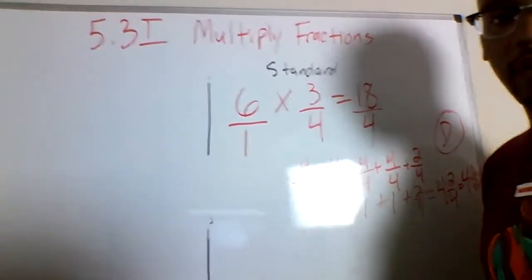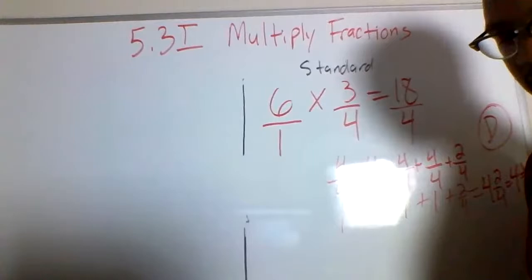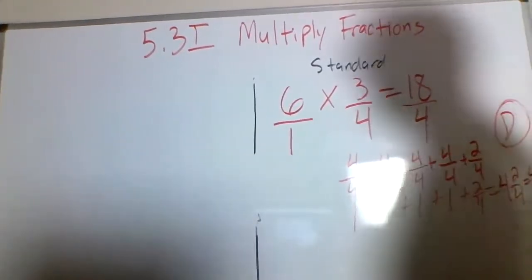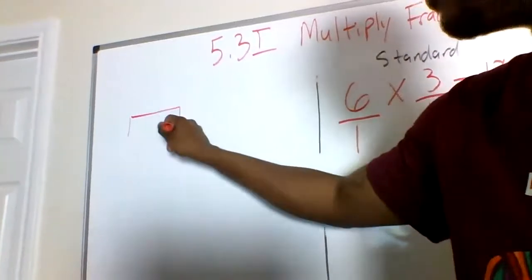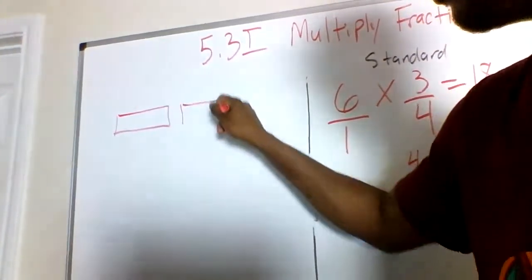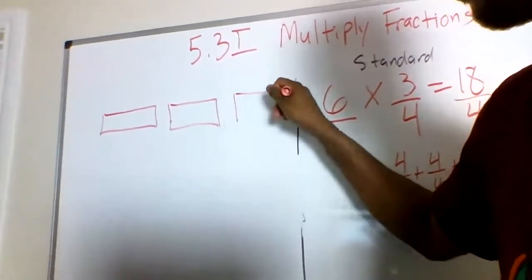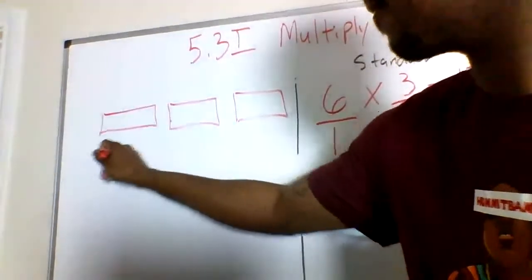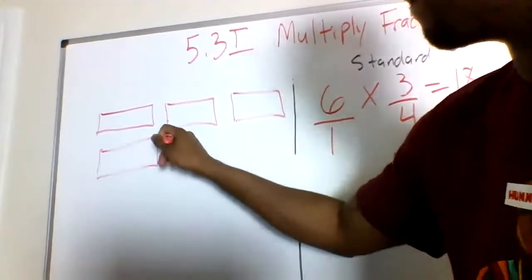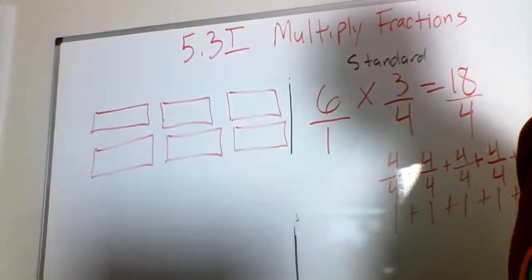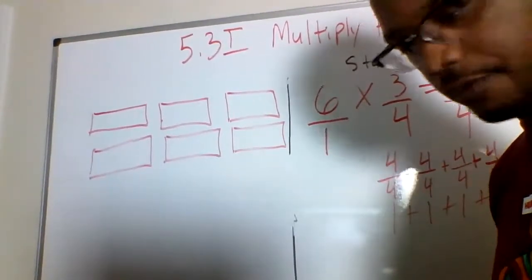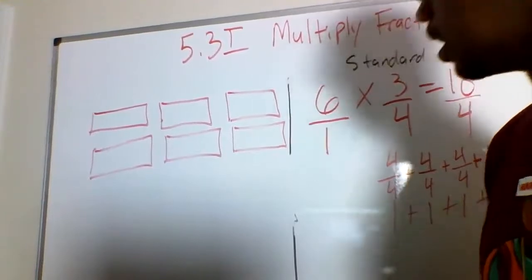All right? Now, if we're doing it in pictorial form, I would take 6 rectangles, I will make them into fourths, right?